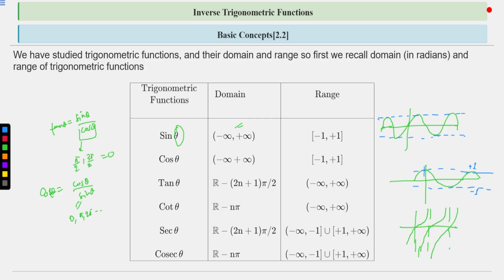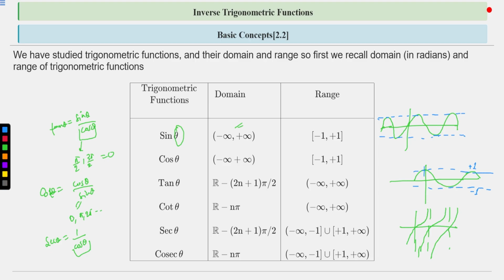Similarly, what is sec theta? It is 1 by cos theta, right? So at the values where cos theta is 0, the value of sec theta will not be defined. At what values is cos theta 0? Odd multiples of pi by 2, that is pi by 2, 3 pi by 2, 5 pi by 2, like that.